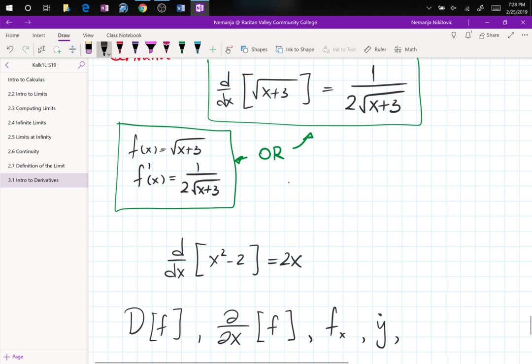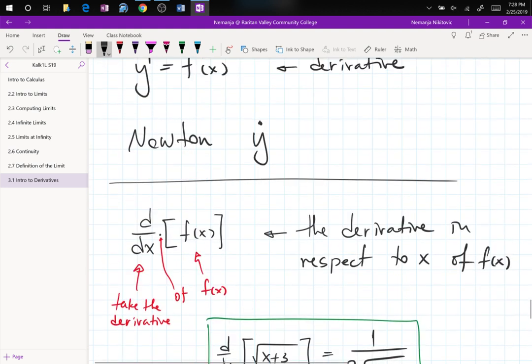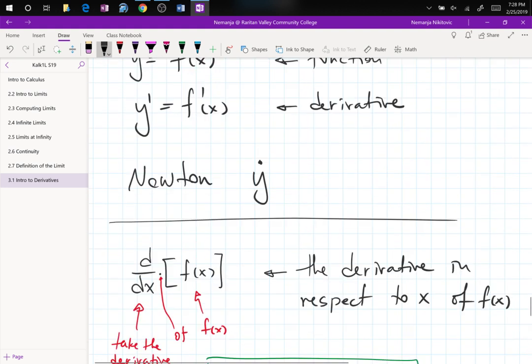And, well, I should add f prime and dy dx, right? If you put this equal to y, then there is a times in here, so that y goes and becomes dy dx.